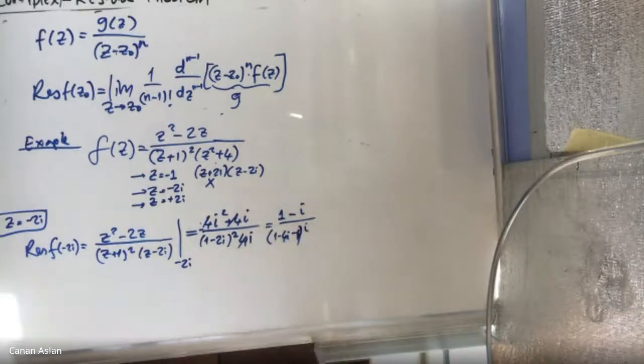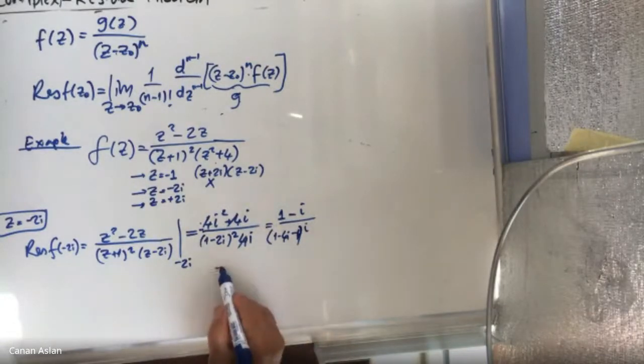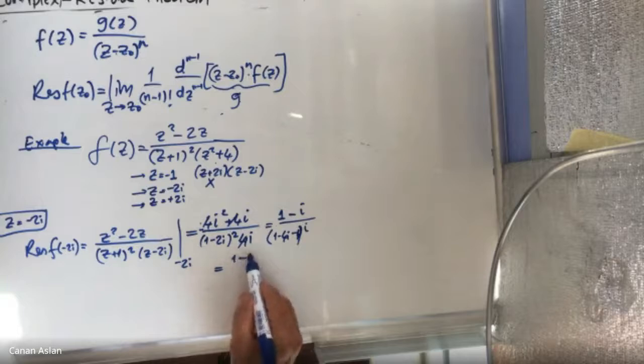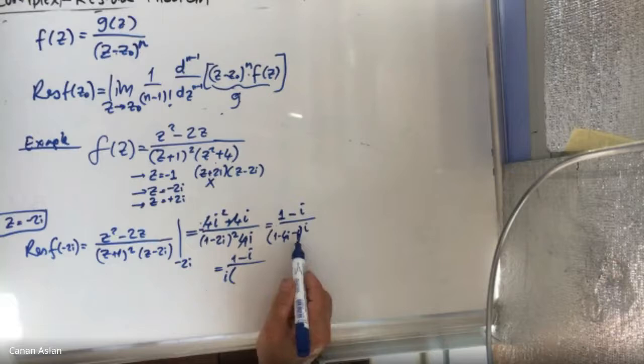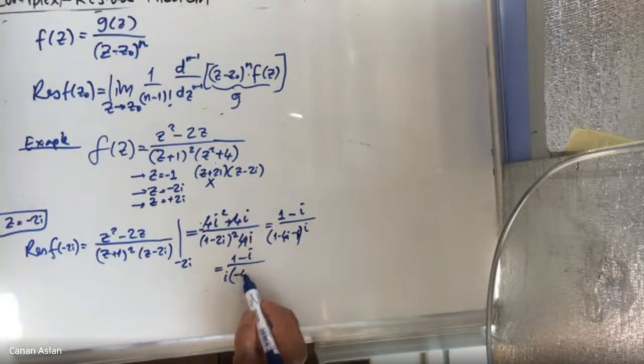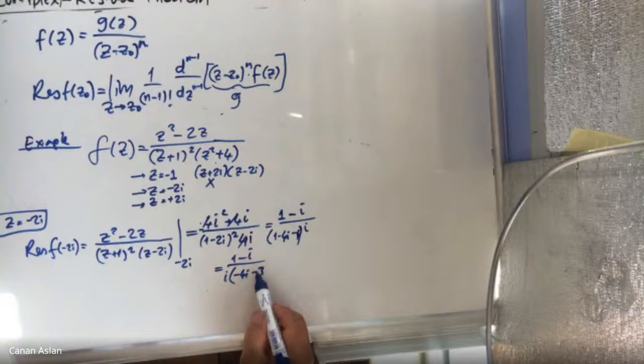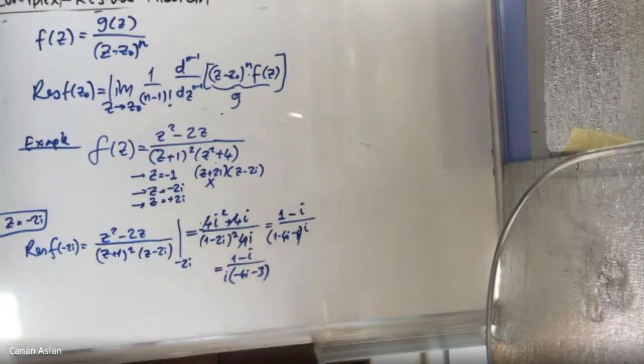Okay, so it's just -3. So this is equal to 1 minus i divided by i times this i is here in the front. Okay, minus 4i minus 3, because minus 4 plus 1 is -3.